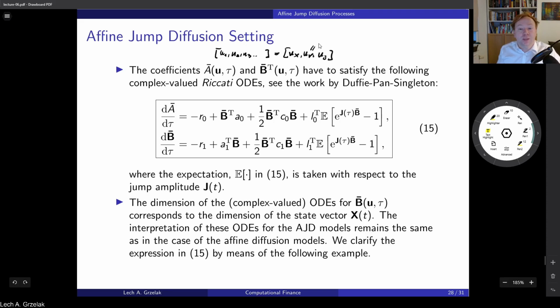Those typically would be set to 0 because we are not interested, in this case, in a 3D characteristic function. We are only interested in the marginal distribution for the log of the stock. So this is why we would have only a single dimension in the output for the characteristic function. However, the dimension of B would always correspond to the number of SDEs we have, even if we are not interested in distributions for variance and jumps.